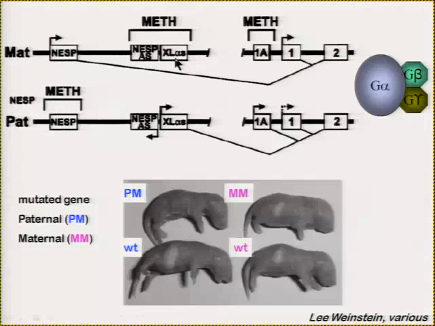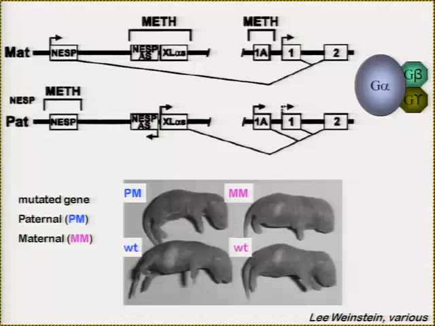The maternal XLAS is silent. If you ask me what that does, I don't know, because nobody knows what these genes do yet. They are highly expressed in the brain. But the GNAS gene for G sub alpha here is methylated in this exon in the maternal allele and not in the paternal. So what does that mean?